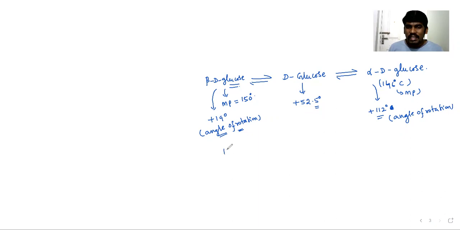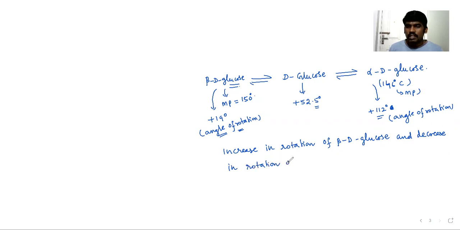So what you can say is that the increase in rotation of beta-D-glucose and the decrease in rotation of alpha-D-glucose reach the same value, that is plus 52.5 degrees, as time goes on.